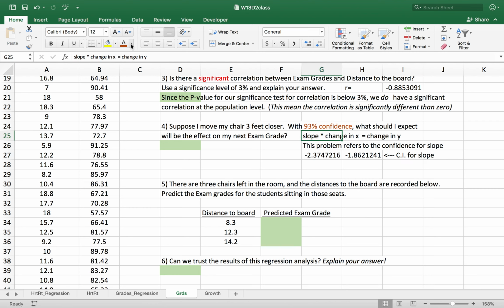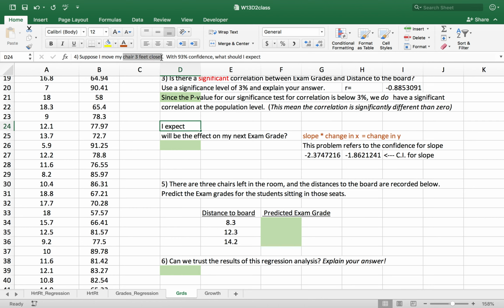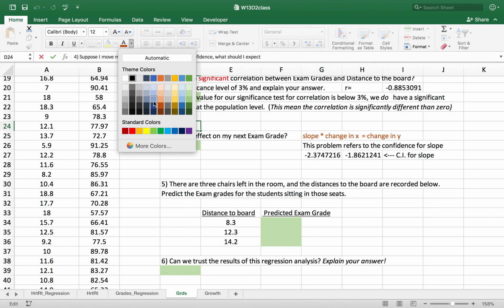And I want to use this idea here. The slope times the change that I'm expecting in x should give me an expectation for what the change in y will be. So in other words, if I take these numbers and I multiply them by the change I'm expecting to see in x, in other words, I'm going to move my chair 3 feet closer.